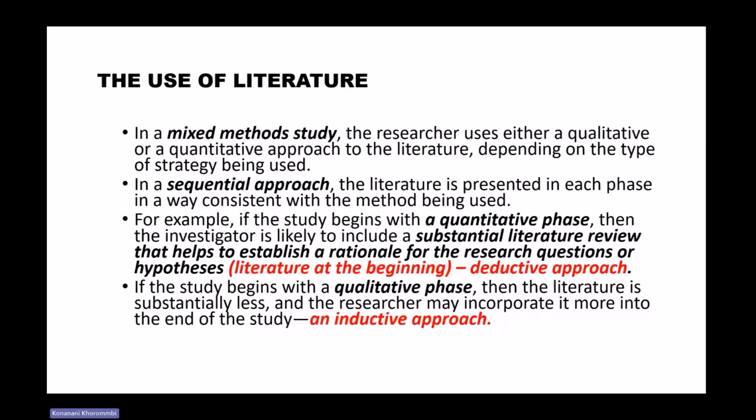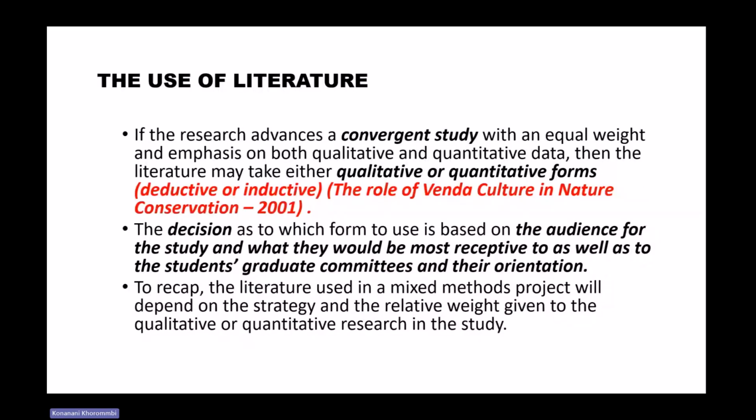If the research advances a convergent study, in mixed methods, with an equal weight and emphasis on both qualitative and quantitative data, then the literature may take either qualitative or quantitative forms. The role of vendor culture, that study was an embedded one, because data was collected at the same time. I had a data collection instrument, my questionnaire.